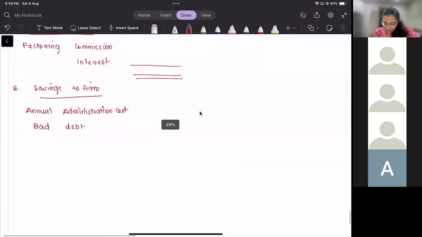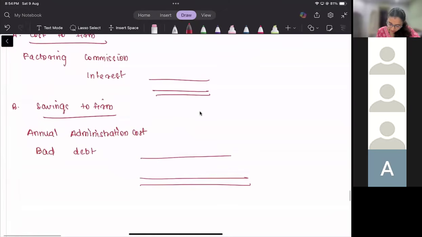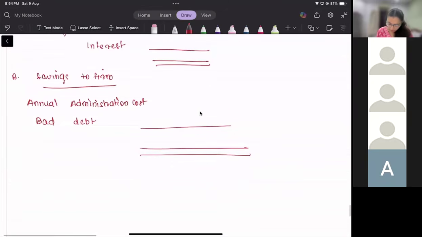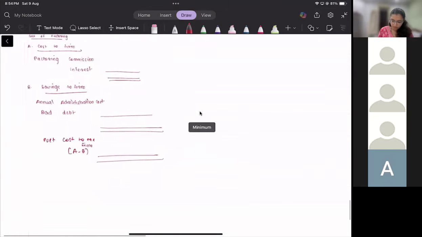But since we have given this for factoring, there is a savings in bad debt. So, shall we do this? So, this is A, this is B. So, net cost to the firm will be A minus B.